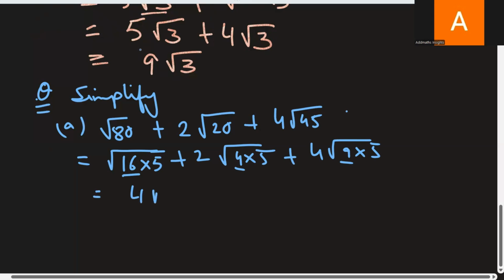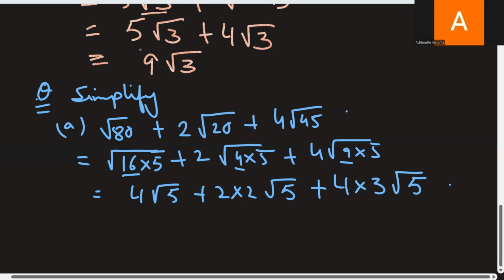So you can write 4 under root 5, plus 2. Again, the square root of 4 is 2. So you can write 2 under root 5, plus 4. Then the square root of 9 is 3. So you can write 3 under root 5. So it is 4 under root 5 plus 4 under root 5 plus 12 under root 5.